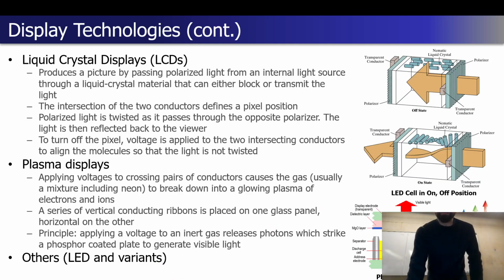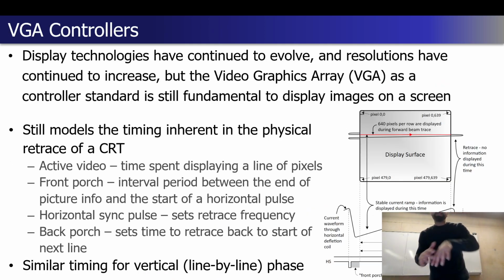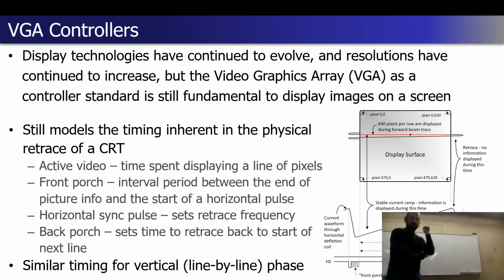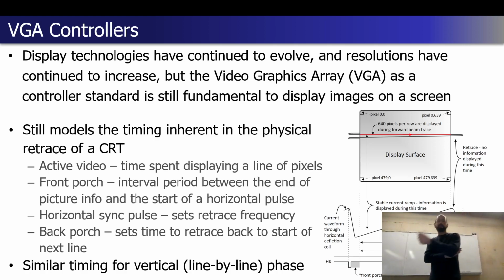Even as we've gone to much more modern types of display, and the display technologies are continuing to evolve, and resolutions have continued to increase, that method of accessing both our memory as well as interfacing to the display really hasn't changed all that much. There are different ways of interfacing with displays, but by and large, if you take your laptop or your computer and you connect it to a display via DVI, HDMI, or DisplayLink cable, the physical signaling is quite different underneath the hood there.